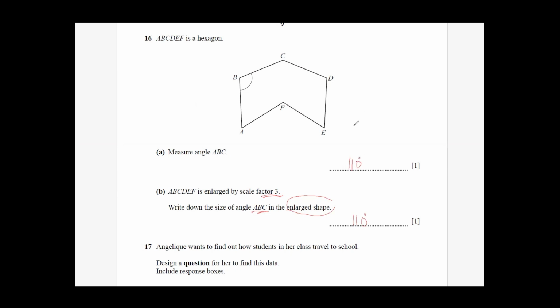For example, if this is a triangle like this, and I'm going to have its enlarged diagram that might look like this, this, this, or this.